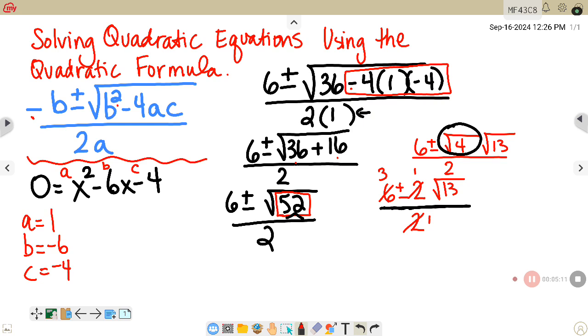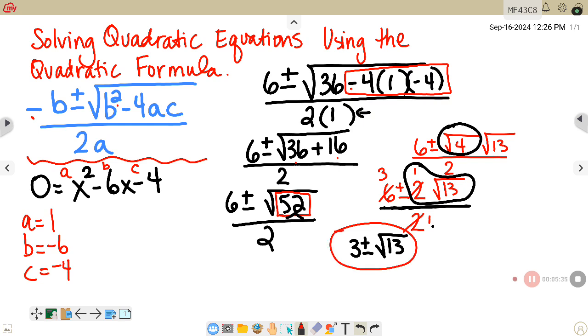My first term is a 3. Then I have a plus and minus. Now, this second term is 1 square root of 13, so I can just write that as the square root of 13. And if your denominator of your fraction is a 1, you don't need to write it. If you're divided by 1, you don't need to write that. So this would be your answer.